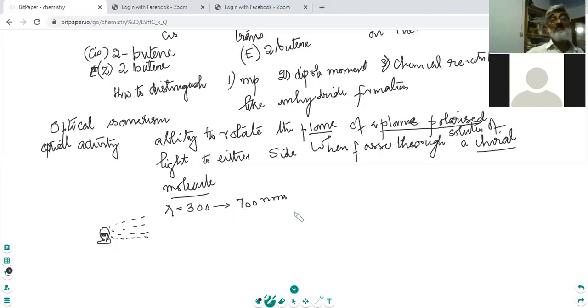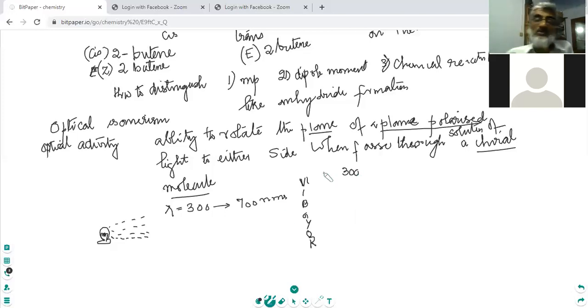Ordinary light, as you know, consists of VIBGYOR. Now, the V will be in the range of 300 nanometers, or is it 700 nanometers?